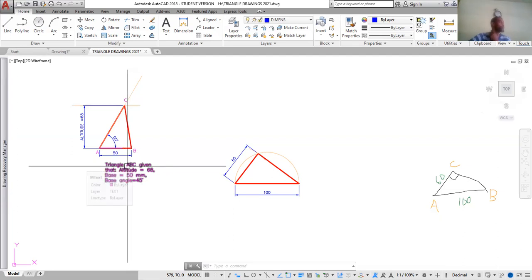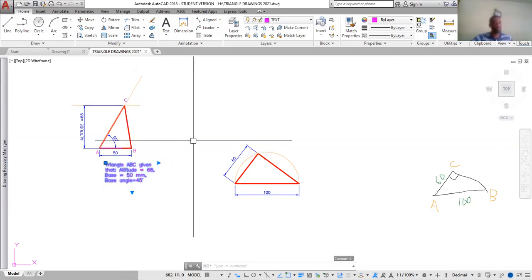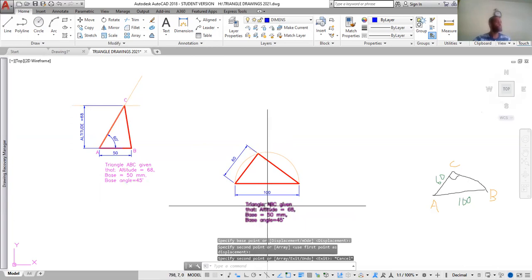All right. Our instructions. I'm going to click this and copy, CO, enter. Specify base point here. Bring this to here. Click right there, escape. Then click 2 times in here to edit.